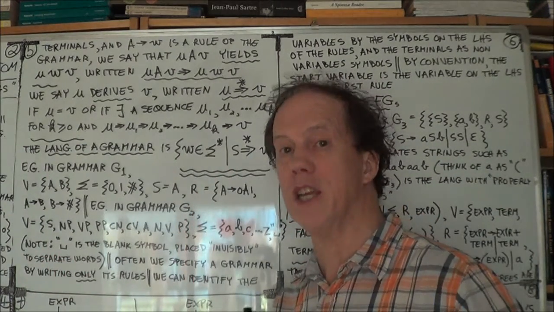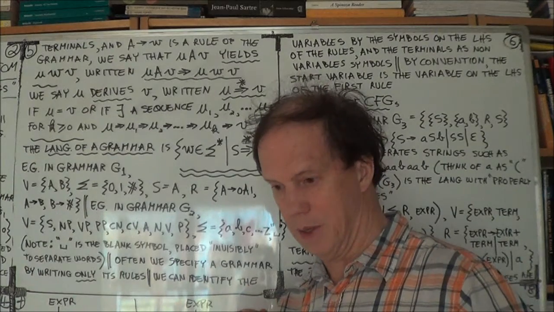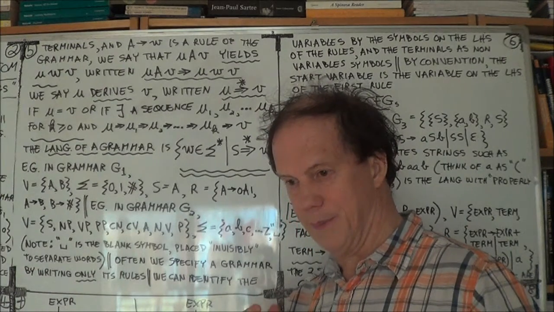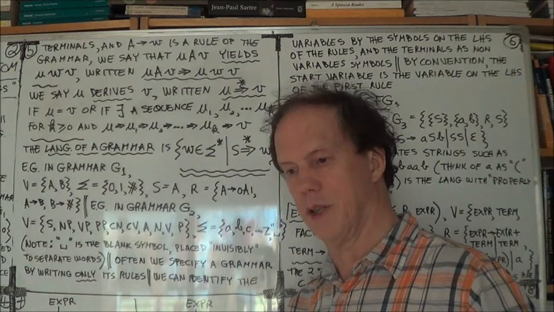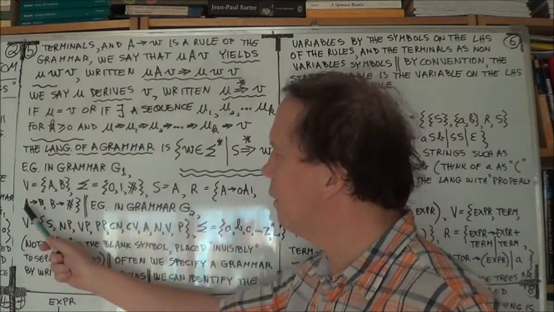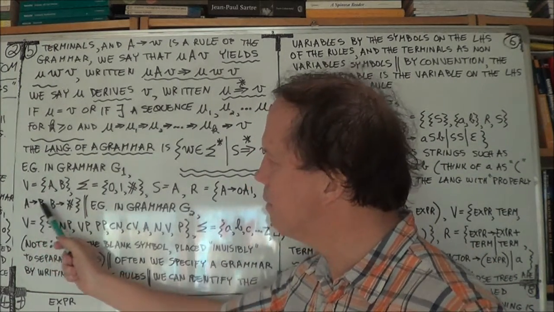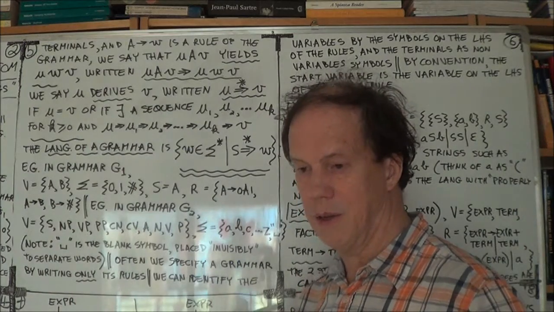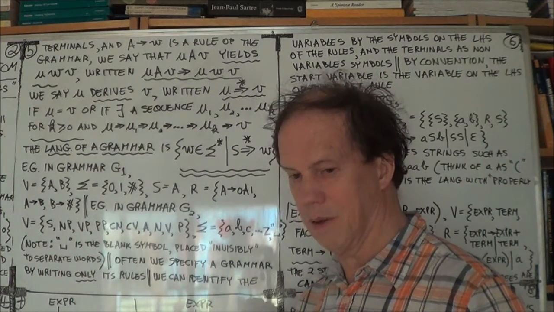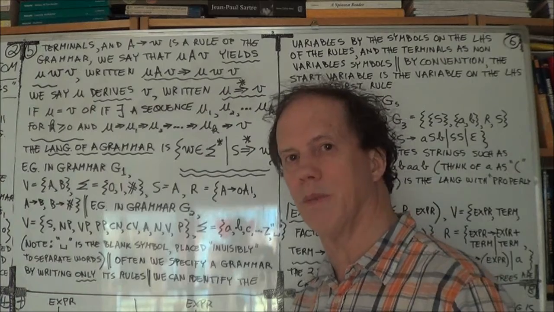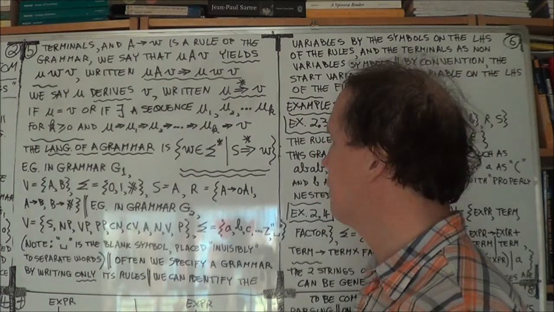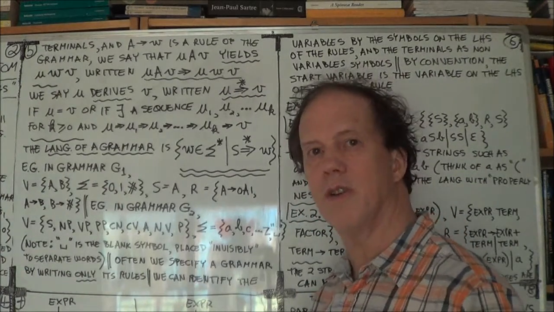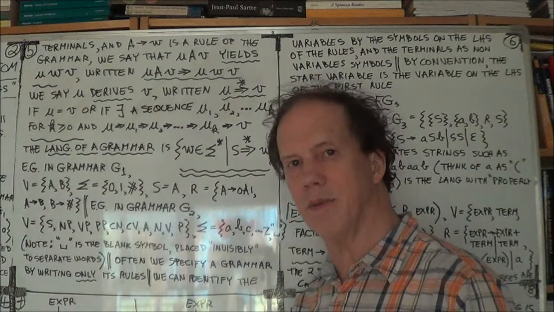It's a context-free grammar. Later, when we have non-context-free grammars, you may have more than one symbol on the left-hand side, and then you can imagine the grammar becomes much more complex. So, in general, context-free grammars are much easier to deal with.